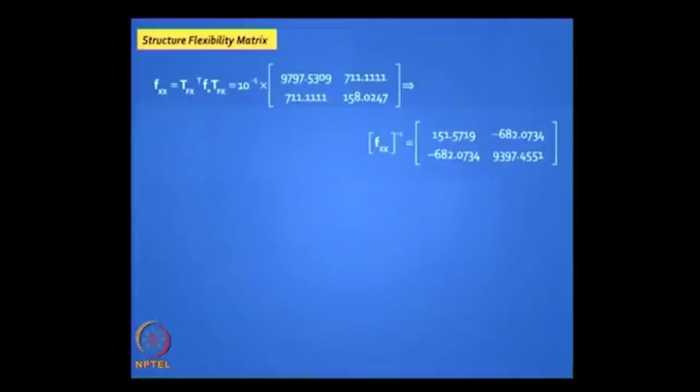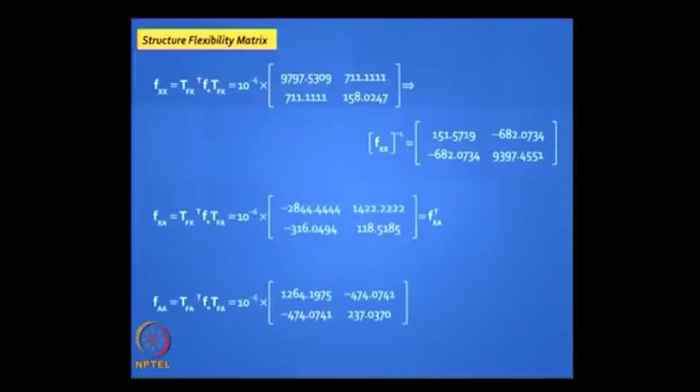Then you do the operation and generate, you can do them separately, Fxx is Tfx transpose F star Tfx, and Fxa is Tfx transpose F star Tfa, Faa is Tfa transpose F star Tfa, is it clear? Or you can deal with it all together and then partition it at the end, but this is much easier to handle.